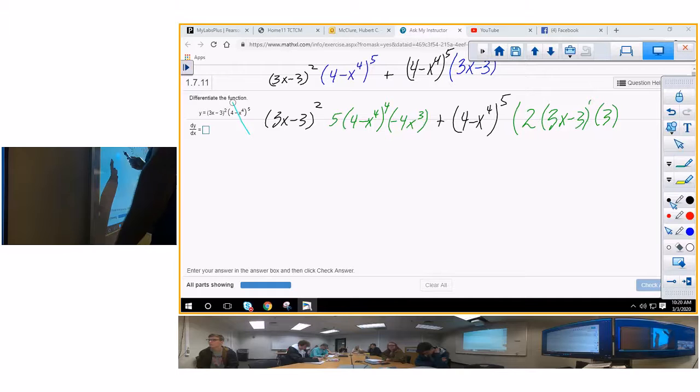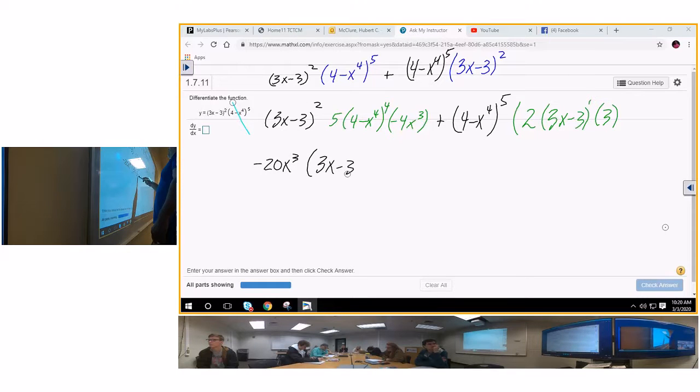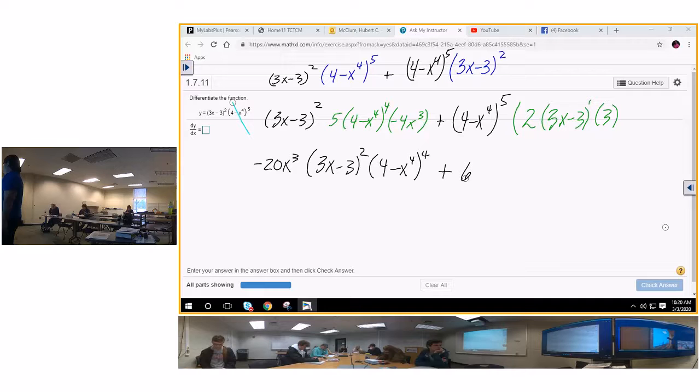I'm going to pull that out, and that's going to give me negative 20x to the third times 3x minus 3 to the second times 4 minus x to the fourth, plus 2 times 3 is 6, and 3x minus 3 to the first times 4 minus x to the fourth to the fifth.